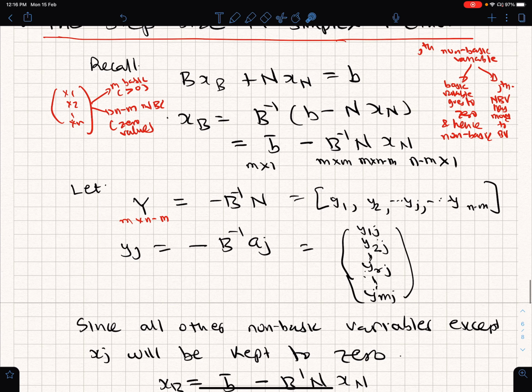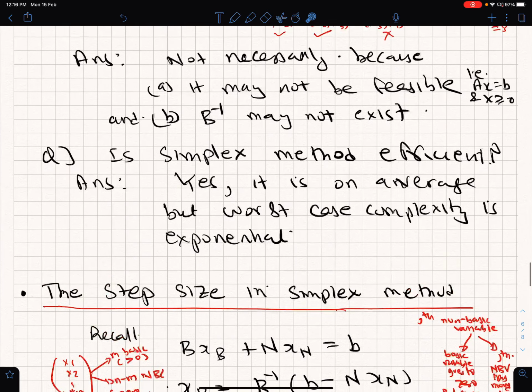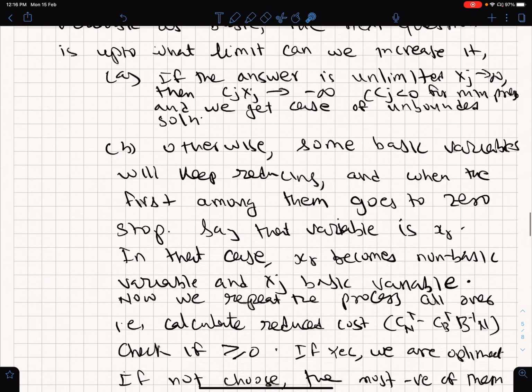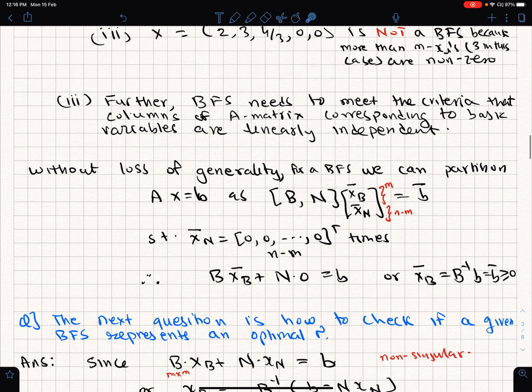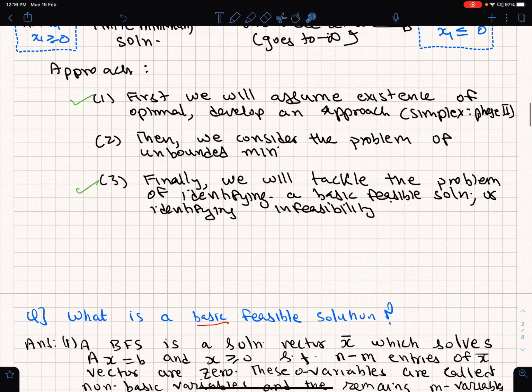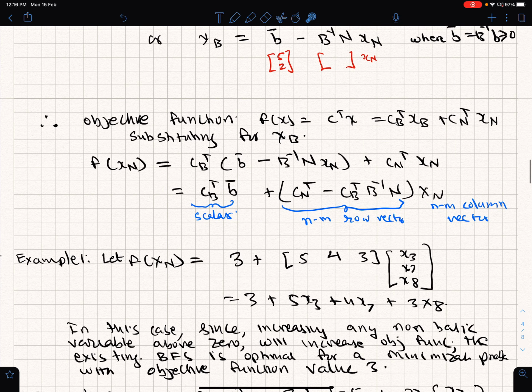Now, to slightly go back, we had seen the reduced cost function is this. At the present vertex, the objective function value is this.